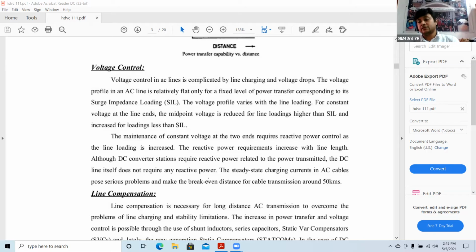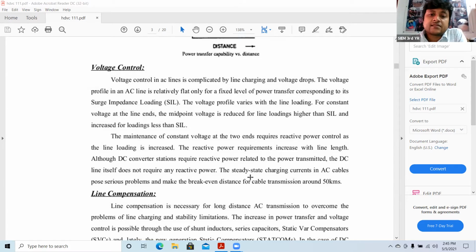But to minimize the drop, and to provide the same power factor throughout the line, the reactive power bank is required.